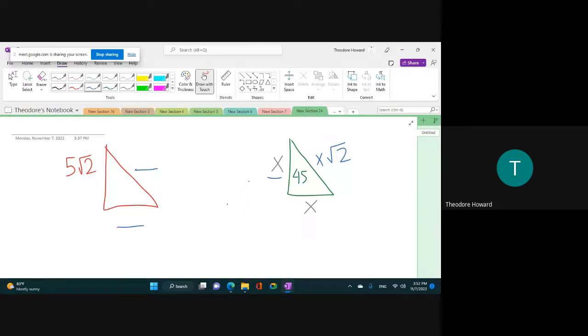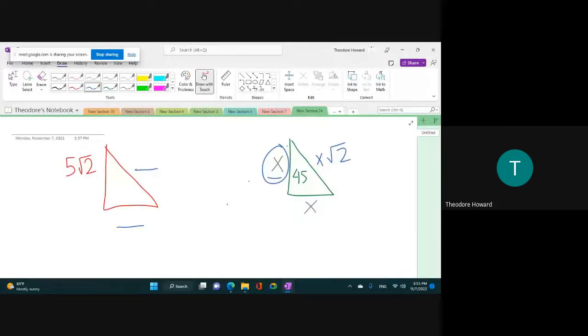If the opposite side is x, what's the adjacent going to be? If x is the opposite leg, what should be your adjacent side?